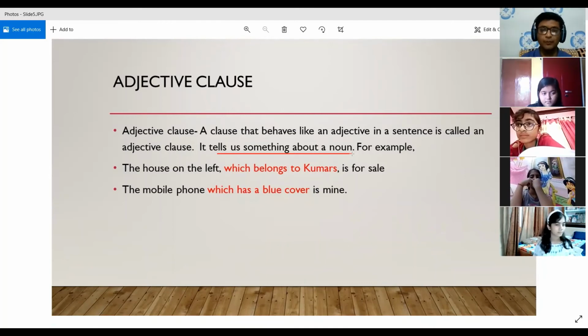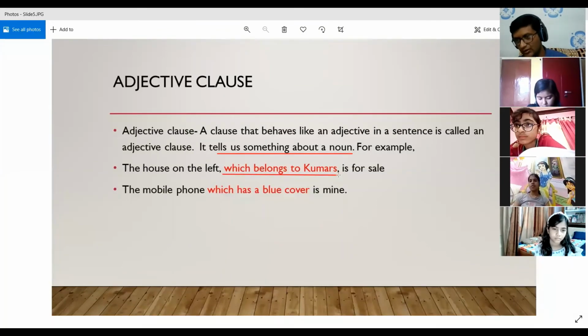Now let's see the examples. The house on the left, which belongs to Kumars, is for sale. So now what is happening? We are getting extra information about the house, that this house belongs to Kumars. This group of words is exactly giving some extra information about the house that is present, that this house belongs to so and so.